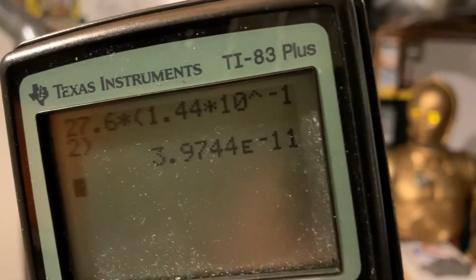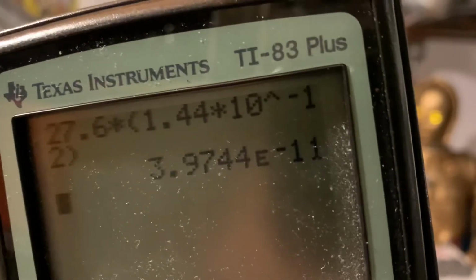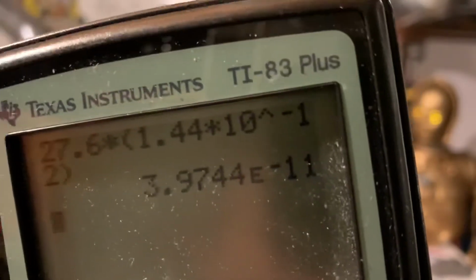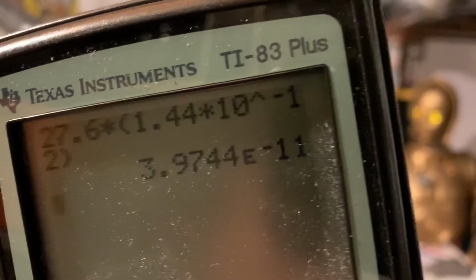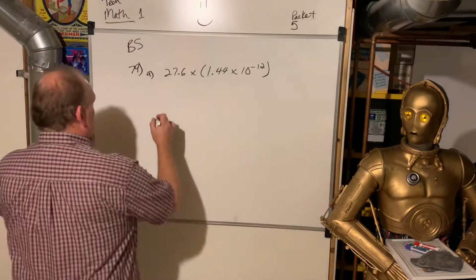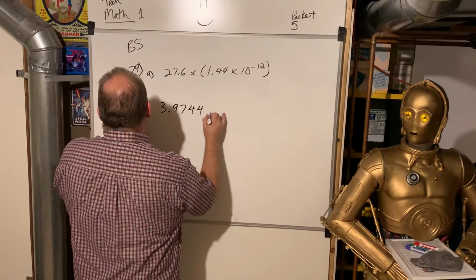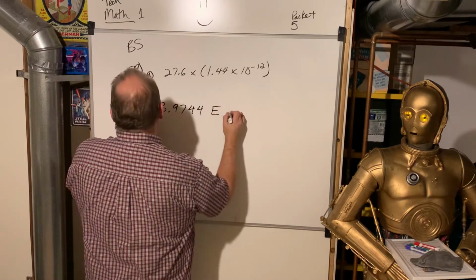It reads it out in scientific notation. So you got 3.9744 times 10 to the negative 11th. That's what that E means, all right? Some calculators will have a double E, but I think most of our calculators have that. Again, I think with the newer ones, this is what's on my readout.